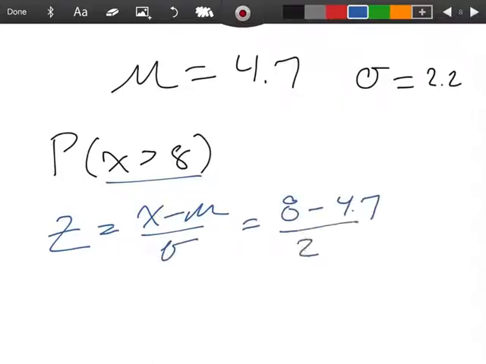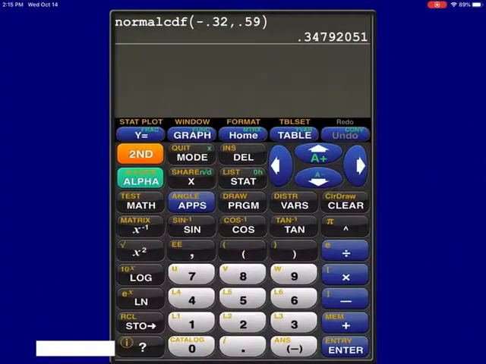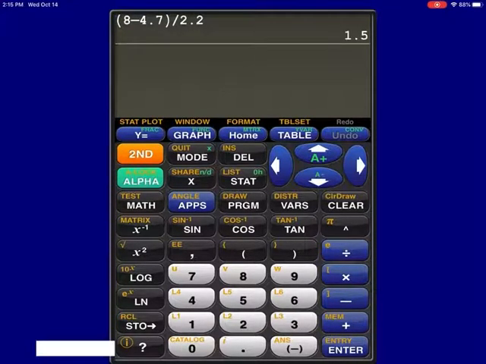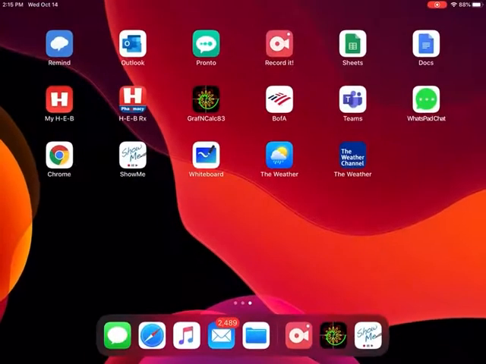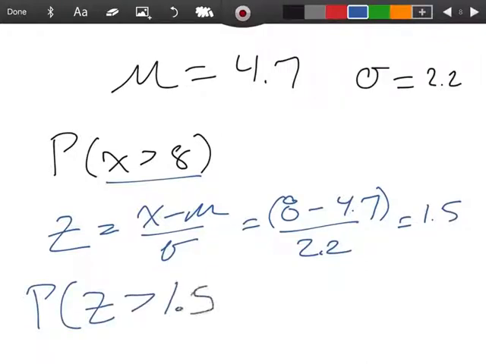So 8 minus 4.7 divided by 2.2. Make sure we do that in parentheses. Okay. So let me clear this out. 8 minus 4.7, close it off, divided by 2.2. 1.5 is my z value. Okay. 1.5.